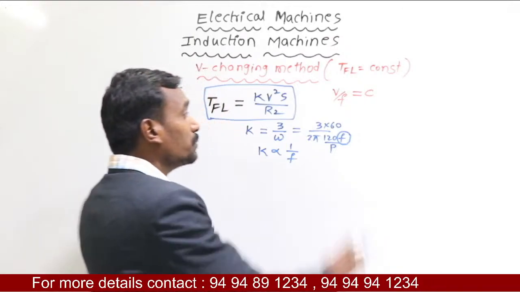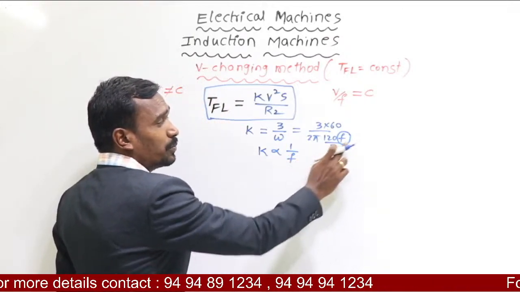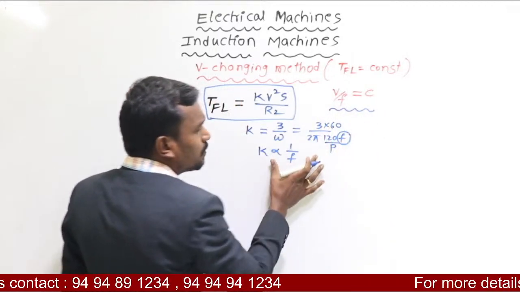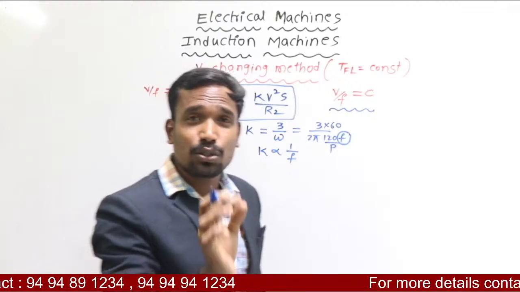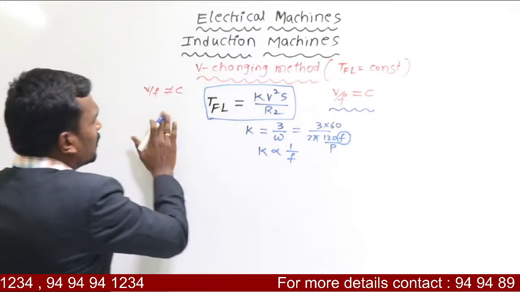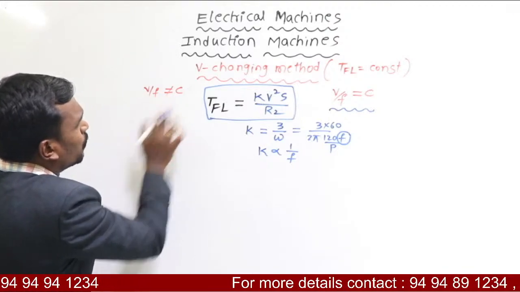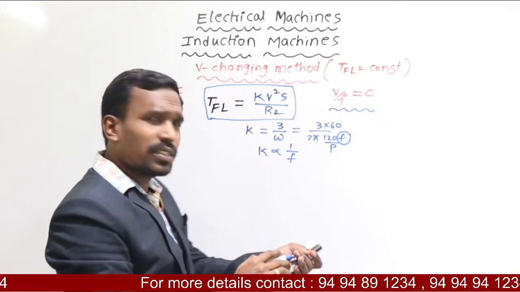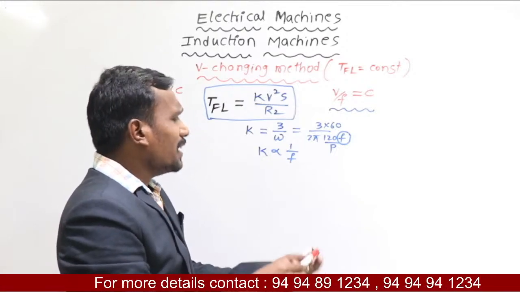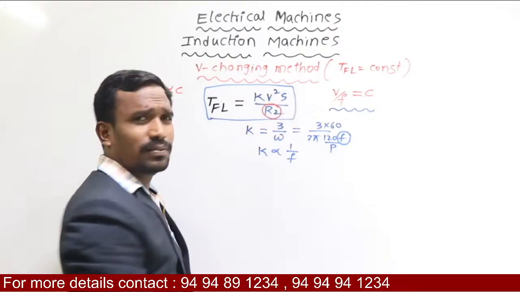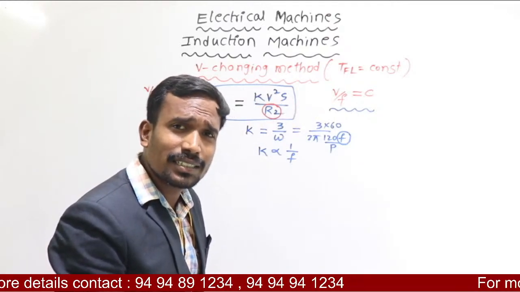You have to observe this point clearly, where the V by F ratio is constant, this point is the critical point. Generally, I am changing my voltage, but there is no change in rotor resistance. Rotor resistance is constant.